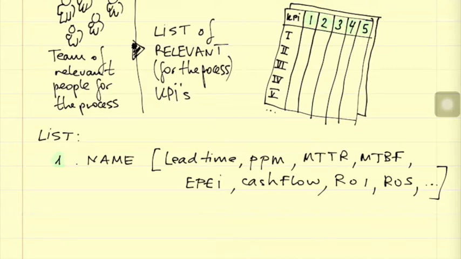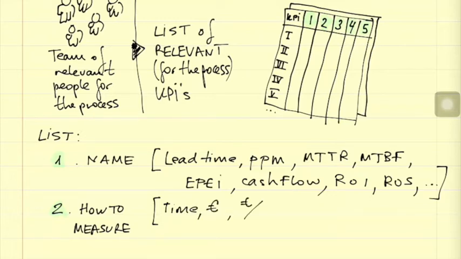The second step is, and of course you need to be understanding the nature of these KPIs. So the second step is how to measure them. We measure in time, we measure in money, we measure in money per, so you need to describe the units, okay?